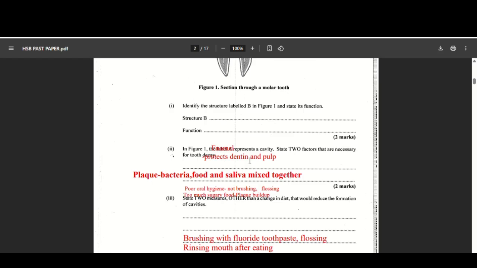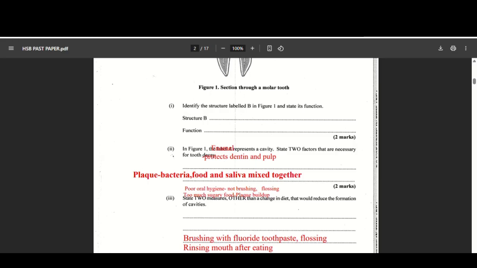Tooth decay is probably caused by poor oral hygiene, so not brushing, not flossing, and also eating too much sugary food, which leads to plaque buildup. Plaque is a mixture of bacteria, food, and saliva mixed together, and it gets stuck in your teeth and can cause a cavity. That's the answer to this question.